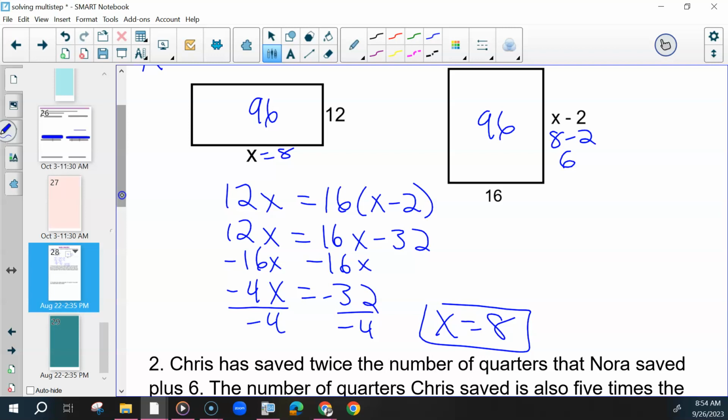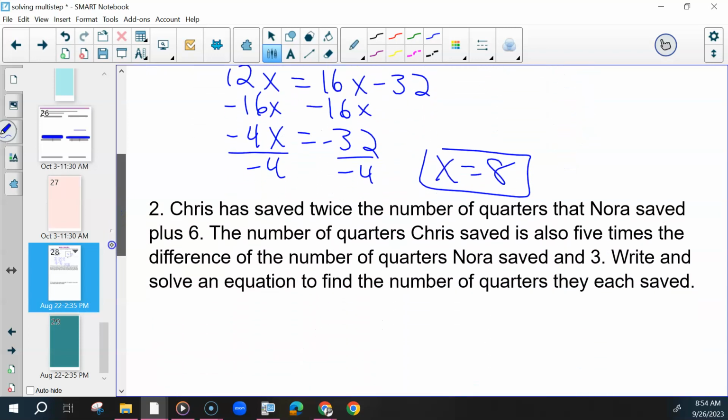Questions on that one? Remember that once you have your equation, you can check that in Desmos or in your calculator once you have an answer. And in Desmos, you could check at any point in time.